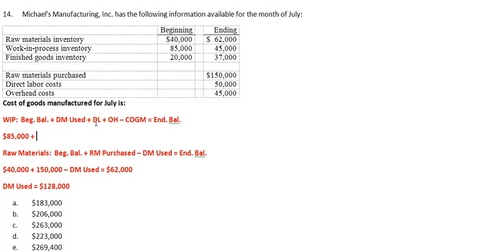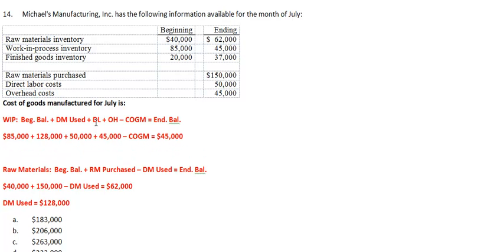So the raw materials used is what's going to go over to work in process. And then you add to that your remaining product costs, which are direct labor and overhead. Cost of goods manufactured, that's what you're looking for. And your ending balance in work in process is $45,000.